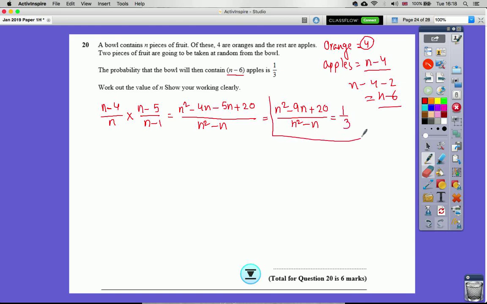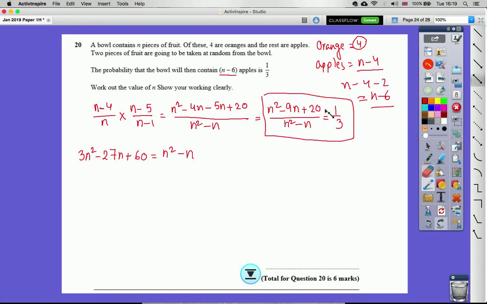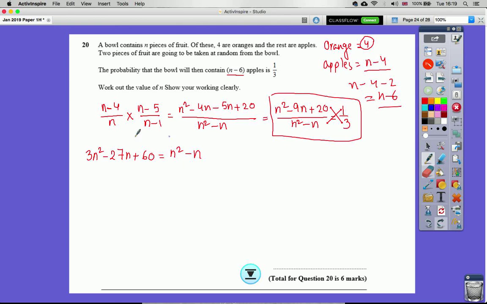Now I'm going to use this information to solve my quadratic equation. So I'm going to do cross multiplication. I will get 3n squared minus 27n plus 60. I've multiplied 3 by n squared minus 9n plus 20 is equal to n squared minus n. Now I'm bringing everything over to the left side.